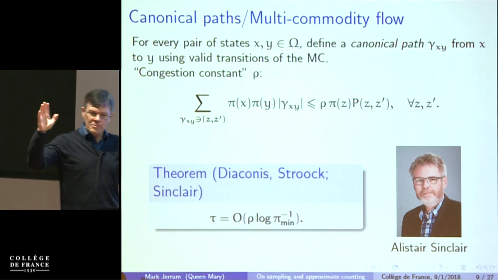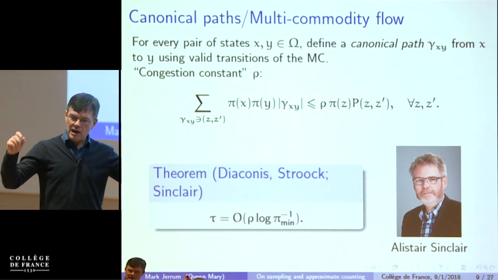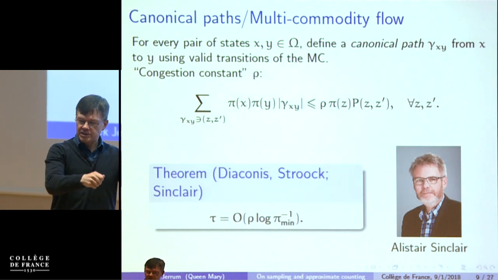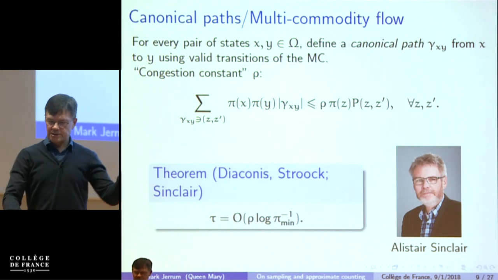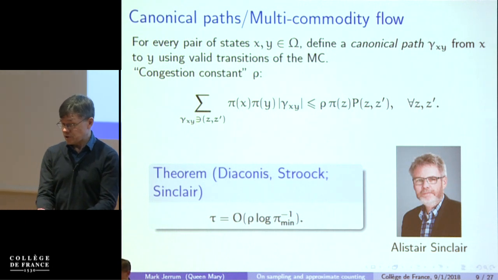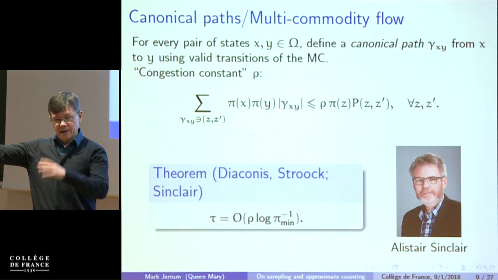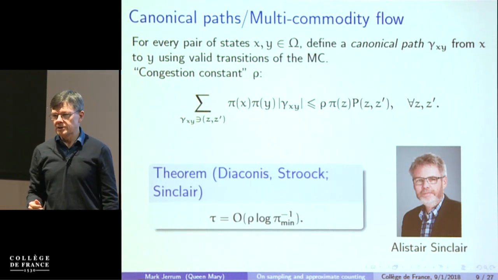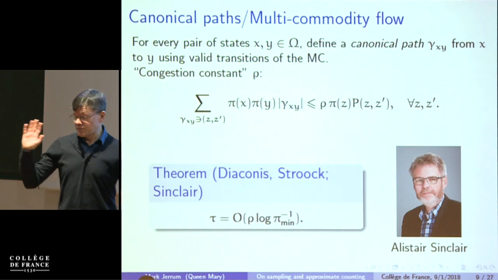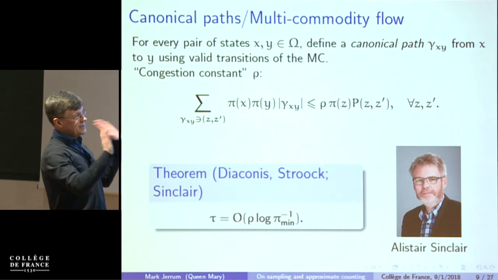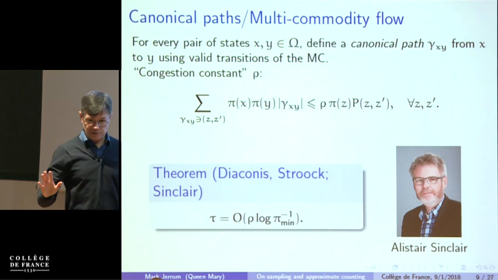Obviously, for the matchings, a valid path would be to take all the edges out of the initial state, so I've got the empty matching, and then put them back one by one until I get to the matching that I want to end up with. That's valid, but it turns out that for this application, that would be disastrous.